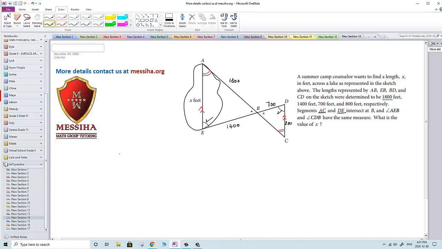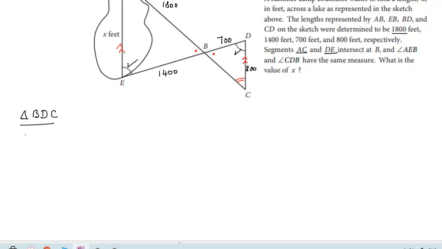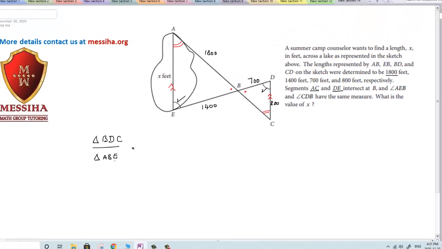Similar means there is a relation. The small triangle BGC, if I relate it to the triangle ABE, it's going to be the same ratio everywhere. Why? Because they are similar.